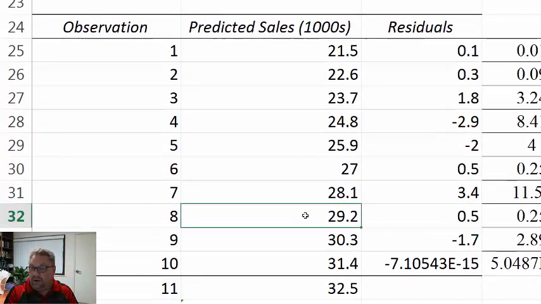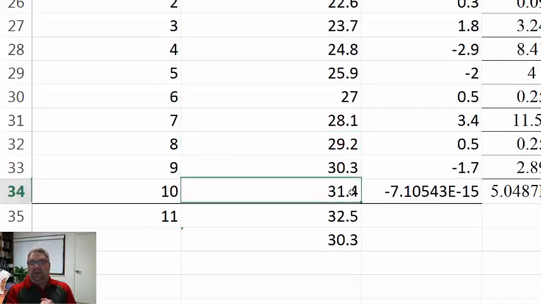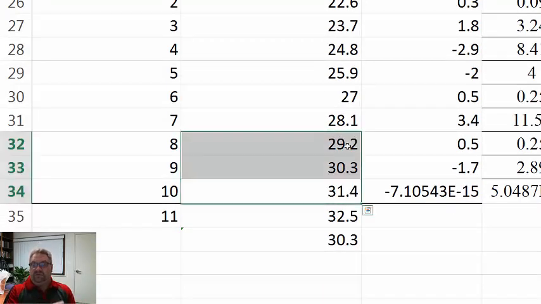That would be a better way to go than just taking the average of all of these. So, bottom line, that's why we use this regression analysis and this time trend, because it gives us a much better prediction in the period that we want to forecast.